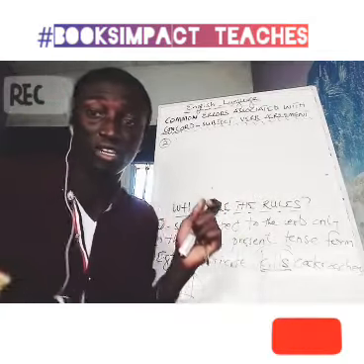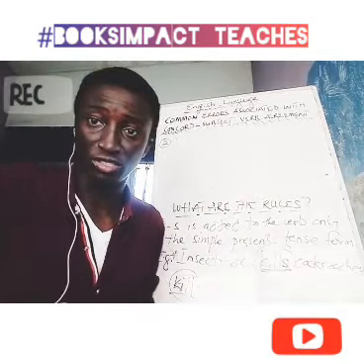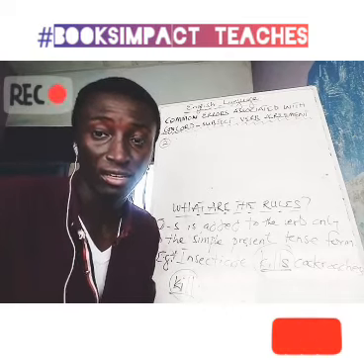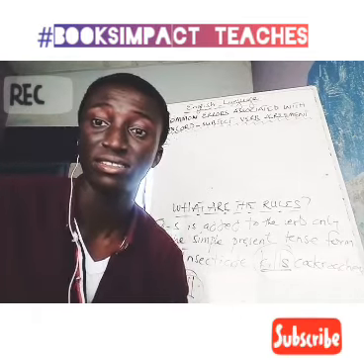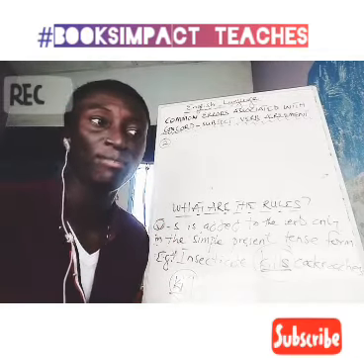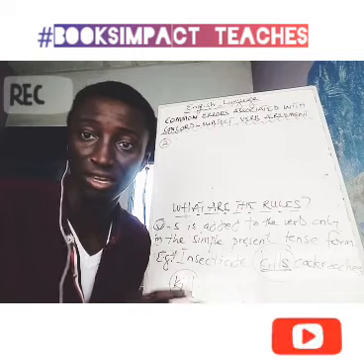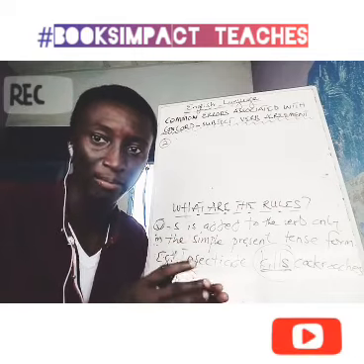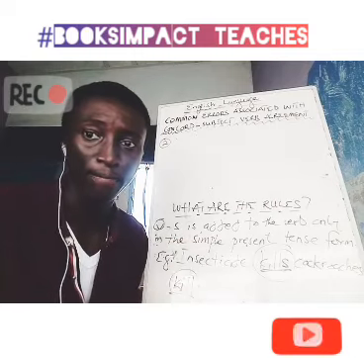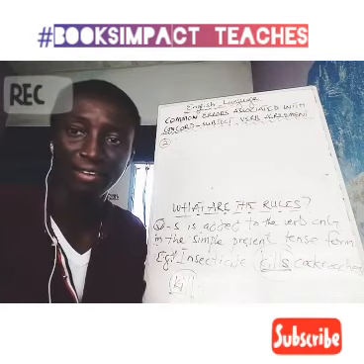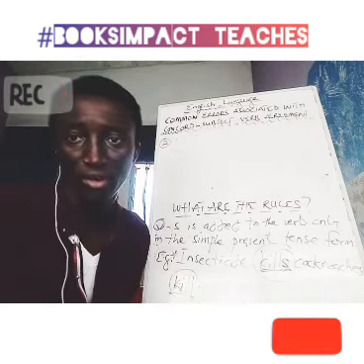Now, what I talked about in the second rule is that S is only added to the verb when the subject is in the third person singular form. That means he, she, or it. That is the third person singular pronoun, or any singular noun phrase that can be replaced by one of these pronouns.